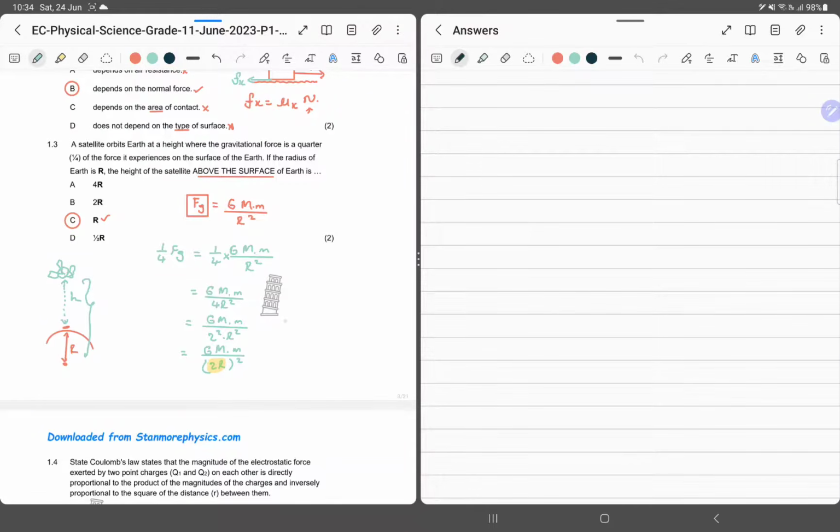So in effect, h plus r must give us 2r, because we're not worried about the square now. Then we work it out and say h is going to be 2r minus r. Therefore, our h is basically r.